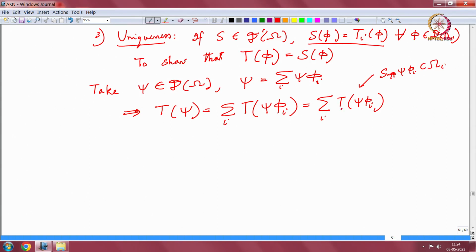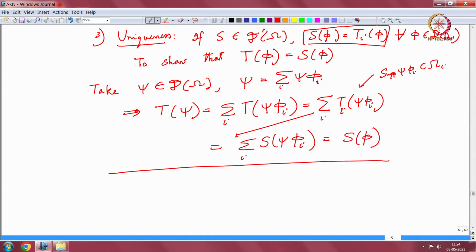So, this is nothing but T I of psi phi I. But then T I of psi phi I, this is also true. So, you see S is also the same thing on omega I, it coincides with the T I. So, this is the same as summation over I of S of psi phi I. You see T I is the same as S on functions defined on omega I, psi phi I, and then you can take S outside. So, you get S of psi. So, it is an almost immediate proof.